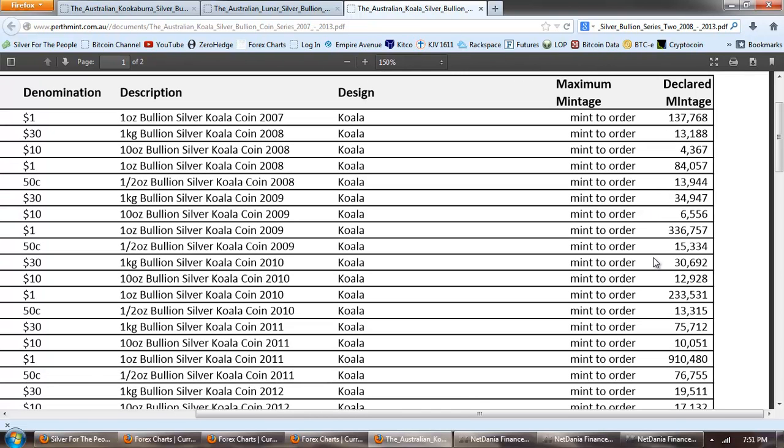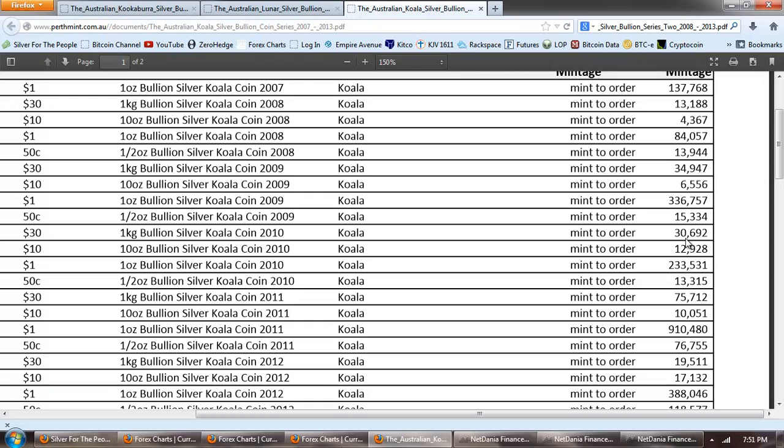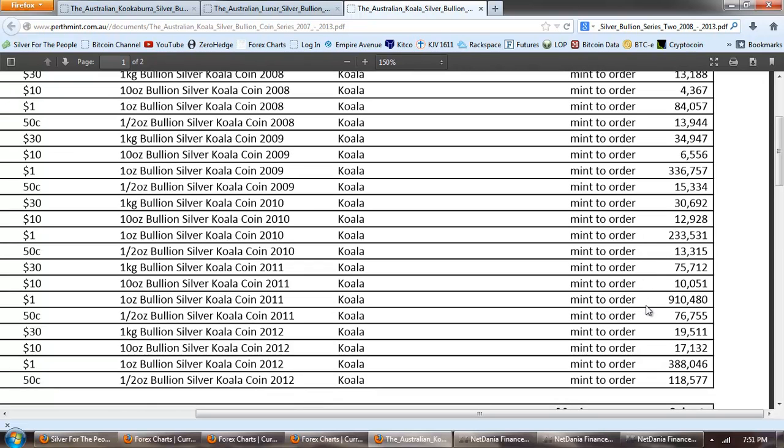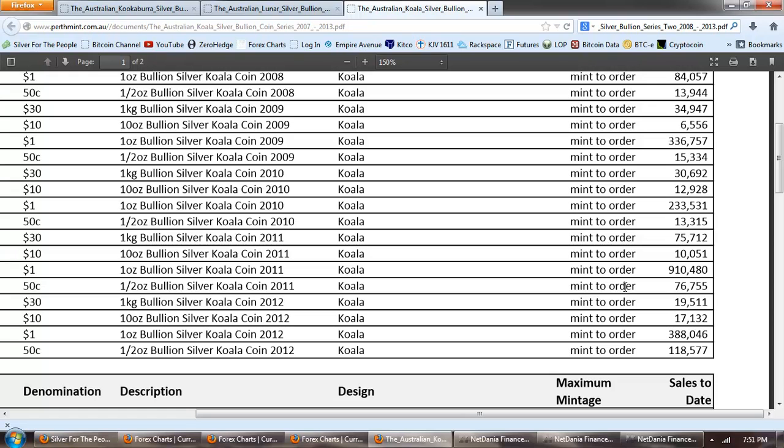So you can see the 2009 series, that's one that I picked up quite a few of. Unfortunately, it has 336,000 that were done. That's a pretty high number. We got 233,000 of the 2010s, and then we had a whopping 910,000 done on the 2011 year.